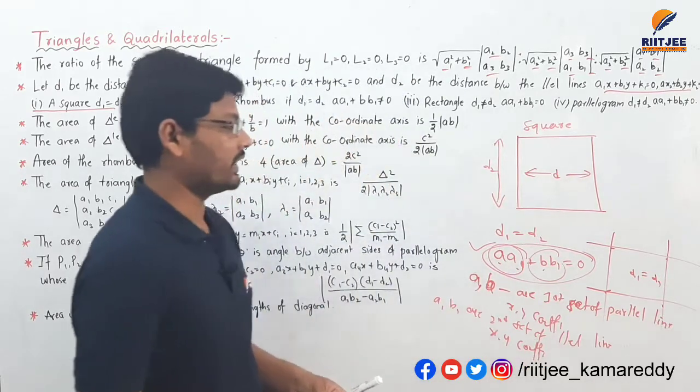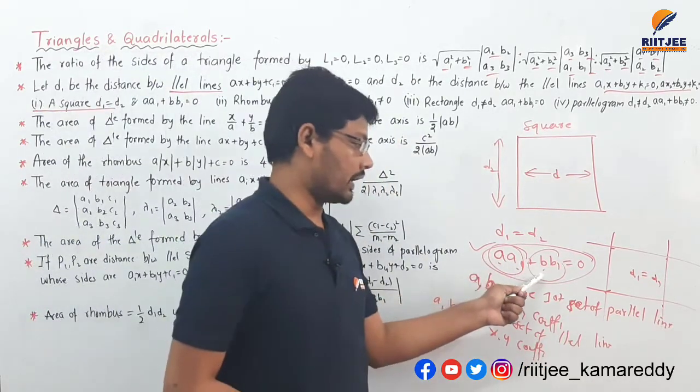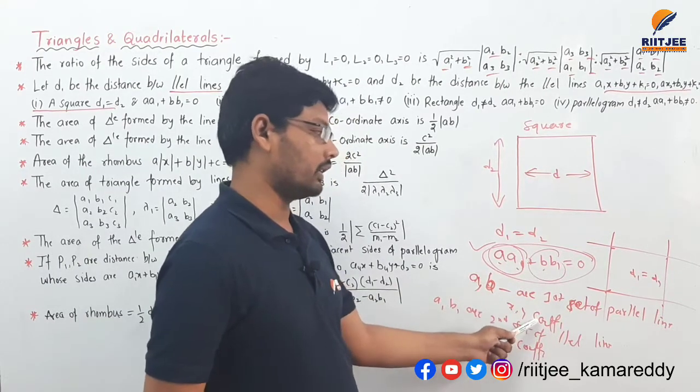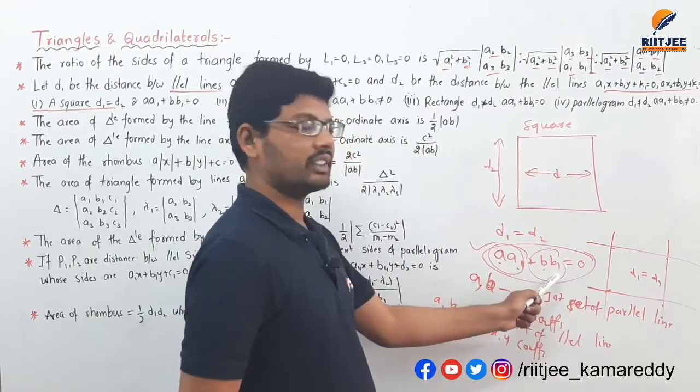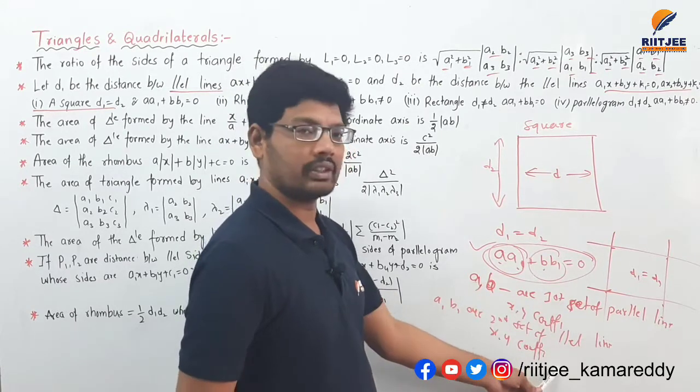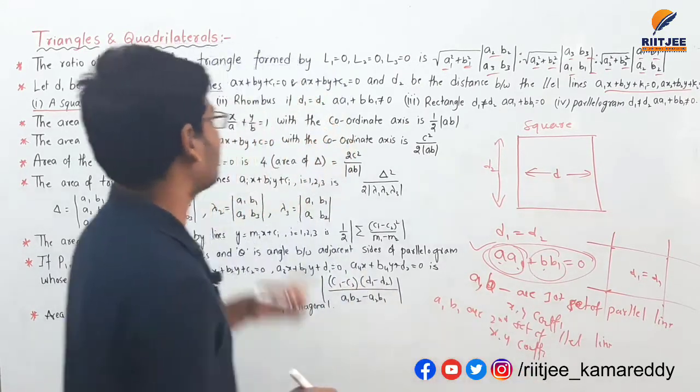See, observe clearly here. A, B are the first set of parallel lines' x, y coefficients respectively, and A1, B1 are the second set of parallel lines' x, y coefficients respectively here. This is all about the first point.